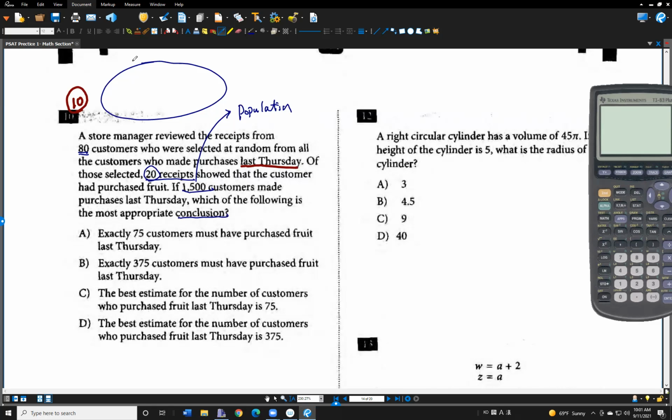Out of these customers, we choose 80, then choose again, so sampling twice. The final sample is 20 out of 80. I'm sorry, 80 is the sample. This is the sample size.